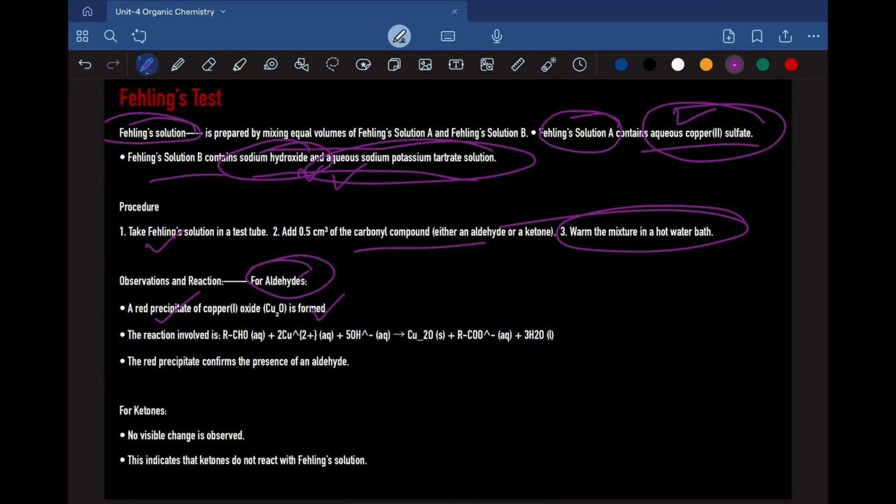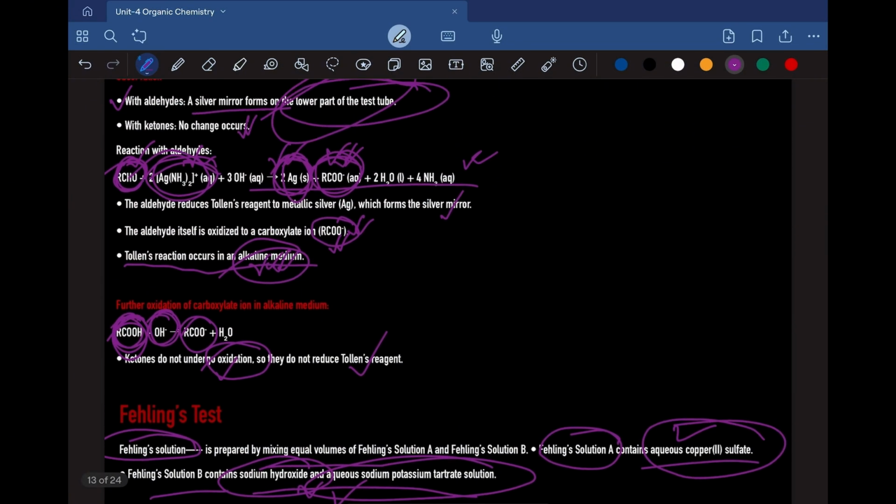This is the reaction: Cu2+, 5OH minus, Cu2O, RCOO minus, and water. The formation of the red precipitate is something you will have to memorize for Fehling's test. And here you will also have to memorize the silver mirror that forms.